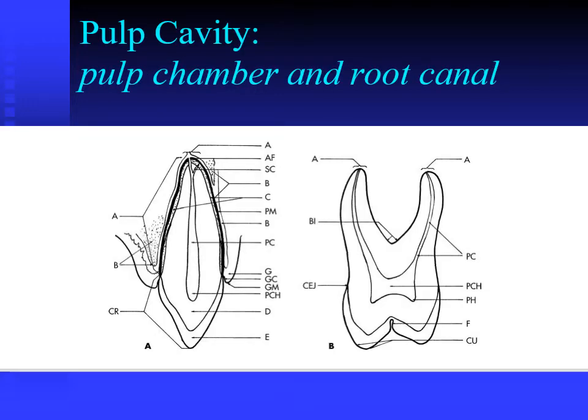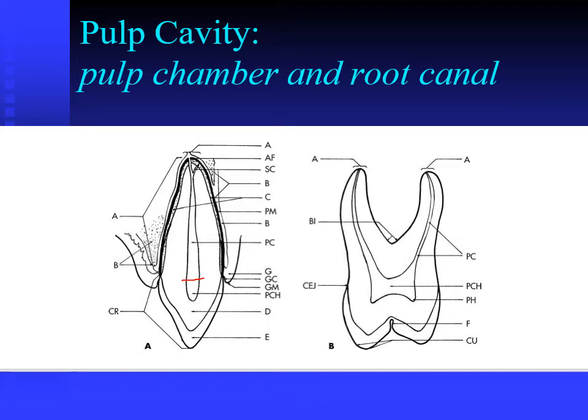In this slide, we'll review the diagrams here of the pulp cavity, which, as you know, is the entire space occupied by the dental pulp, and primarily will involve the pulp chamber, which is that portion of the pulp that is occupied at the coronal aspect.